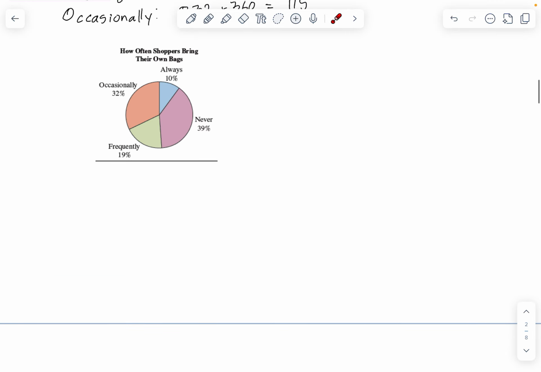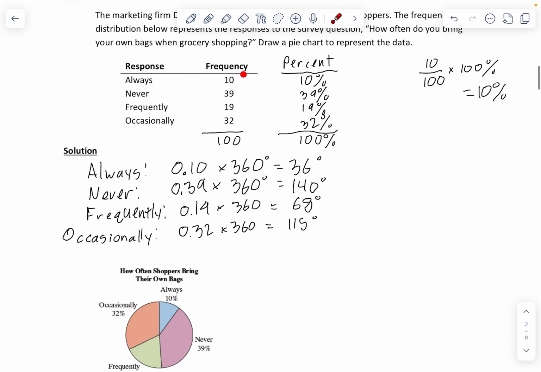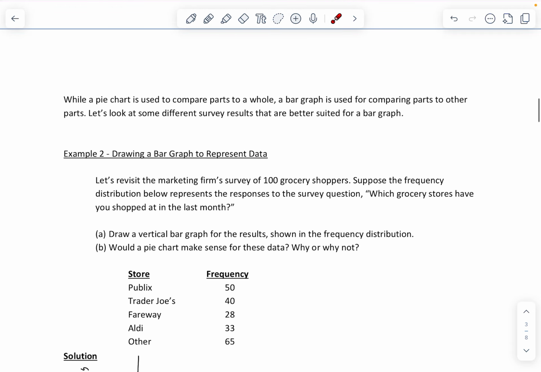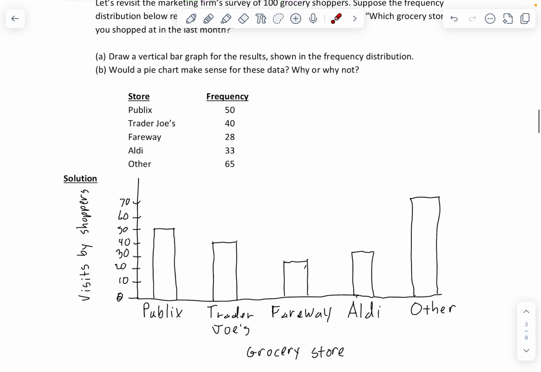Remember in the earlier example, I added up the numbers in the frequency column and they added up to exactly 100, which represents the total number of individuals in the survey. If I add up the numbers in the frequency column here, they add up to more than 100.